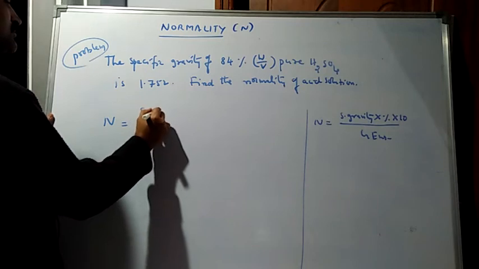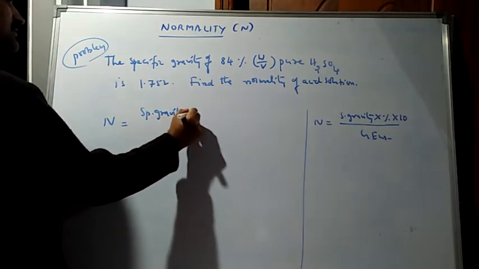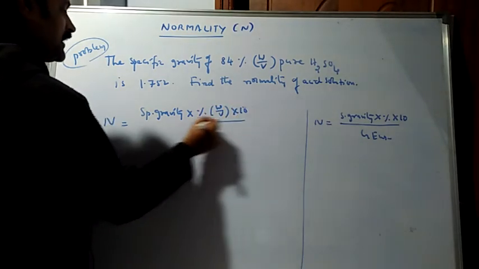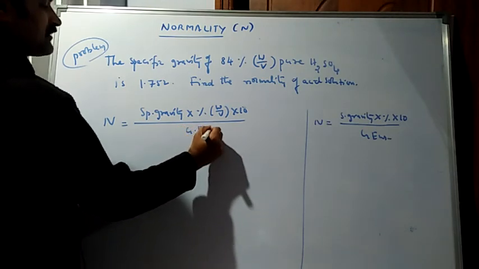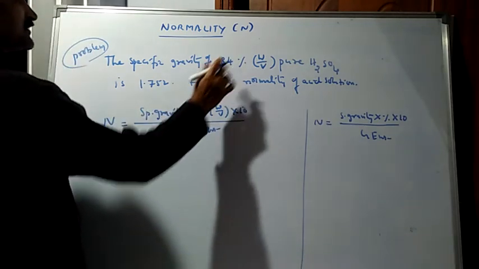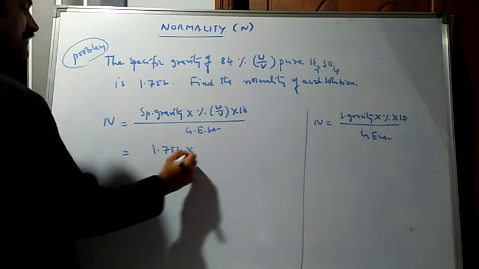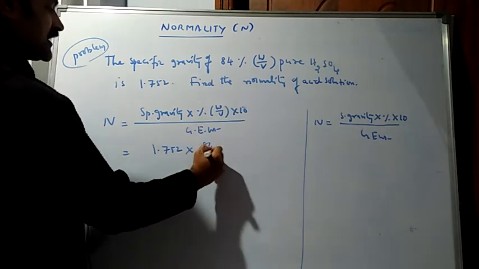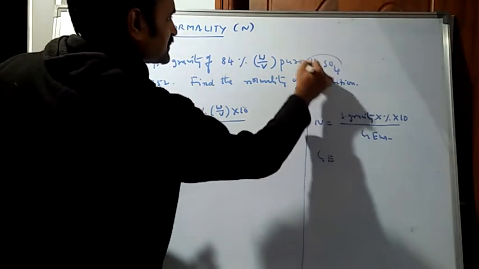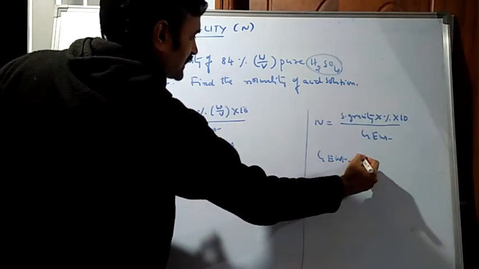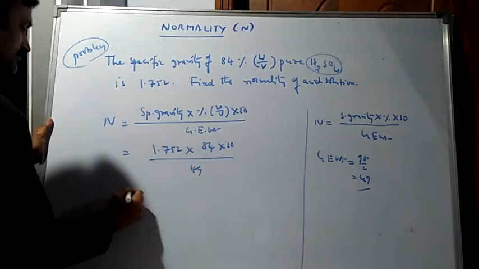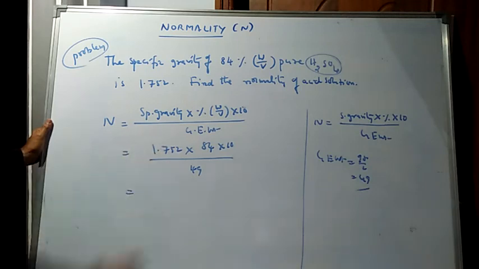Normality is equal to specific gravity into percentage given weight by volume into 10 by gram equivalent weight. Just practice this formula, you will get the answer. Specific gravity is 1.752, percentage given is 84, into 10 by gram equivalent weight of this acid. What is this acid? Sulfuric acid. Its gram equivalent weight is 98 by 2, which is 49, we know. So substitute that 49 and you will get the answer.